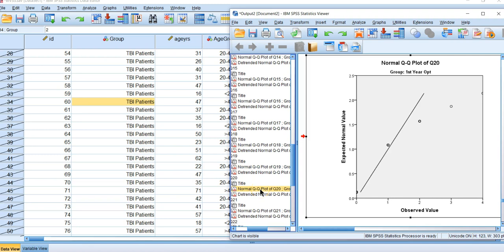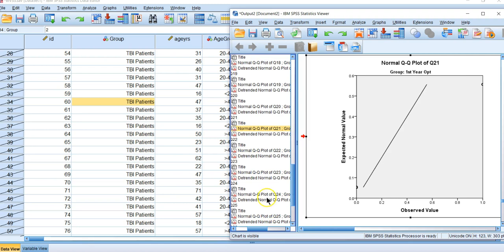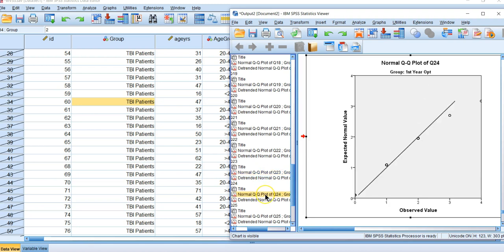Oh, 20. 21. 22. This is why we do a Rasch analysis when these are bad, but sometimes the Rasch analysis is not necessarily appropriate. 23, 24 is okay.